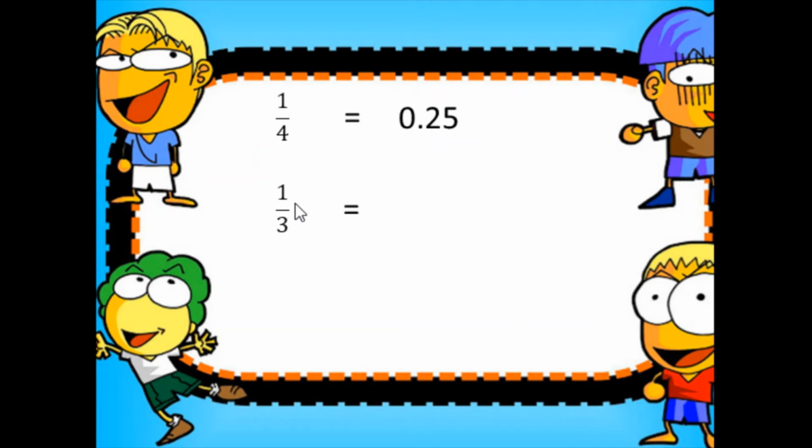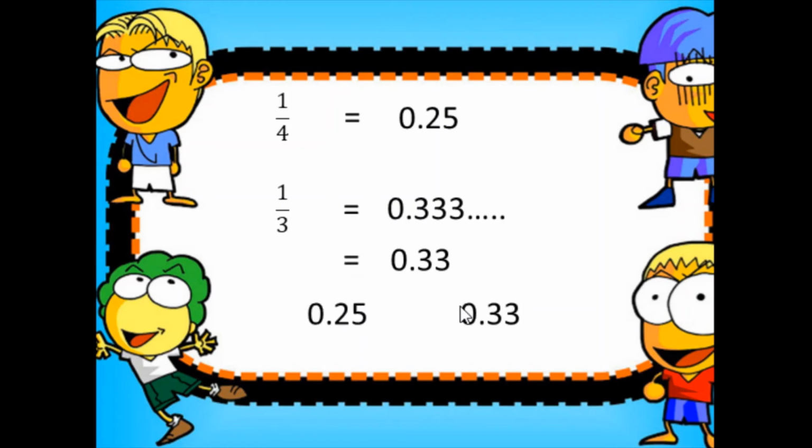How about 1/3 in decimal? Okay, it's 0.333... Okay, so that means when we compare the two, we have to look at first the very first digit of the decimal. Let's try to see.